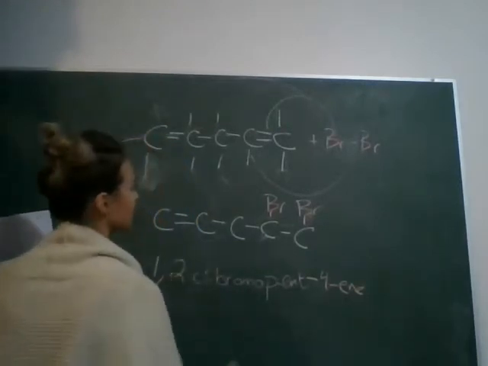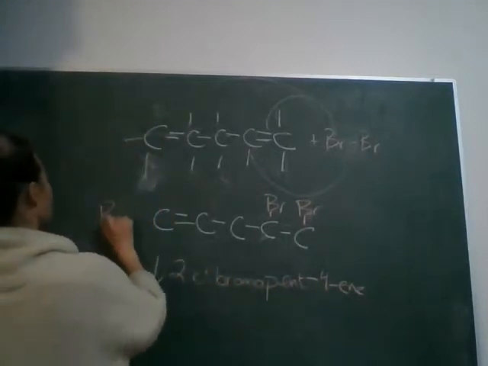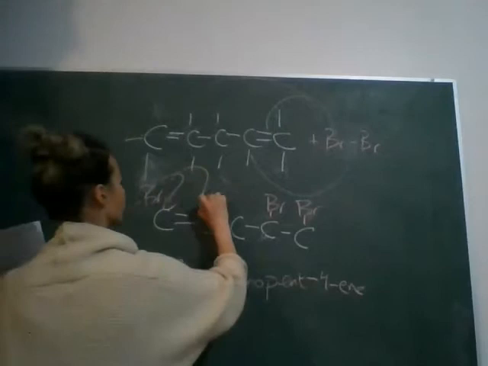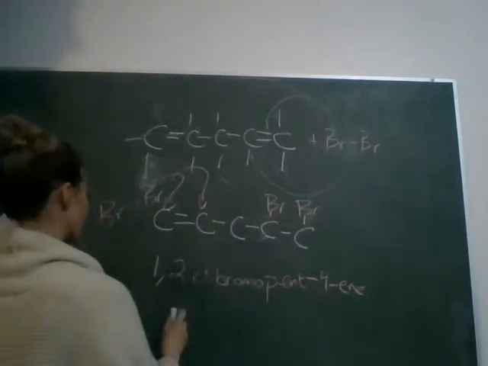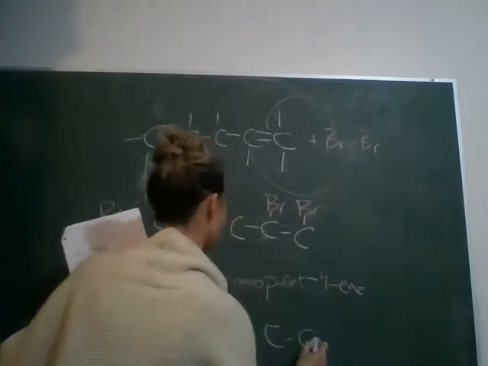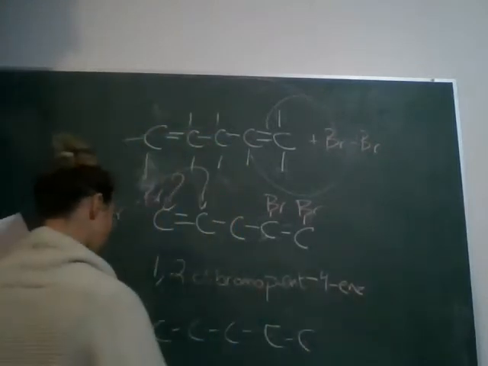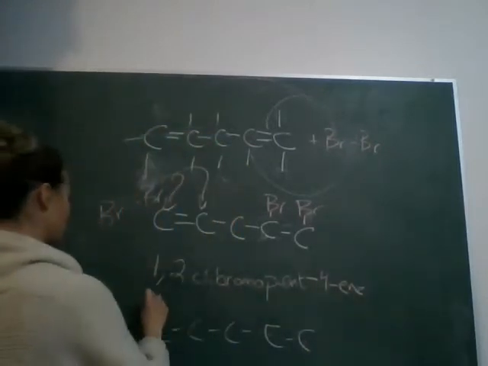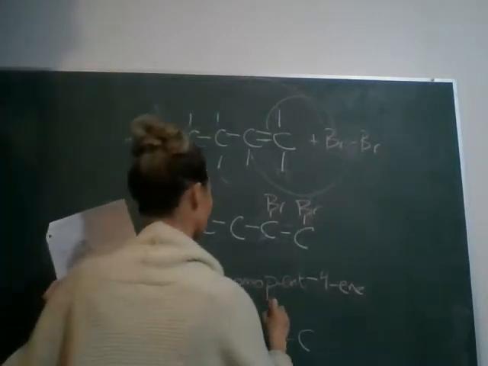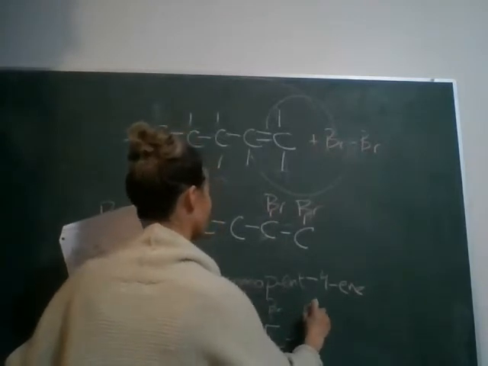Now what happens is when we add another bromine, okay? All right, 1's going to come here, 1's going to come here. So we're going to get our 5 carbon chain, 1, 2, 3, 4, 5. We have a bromine here, and a bromine here, and a bromine here, and a bromine here.